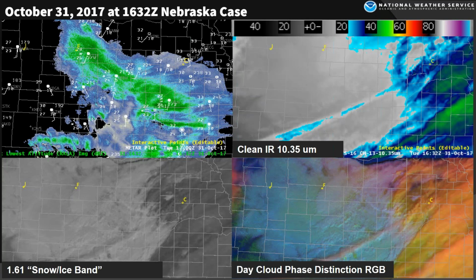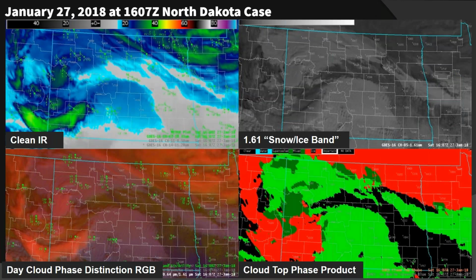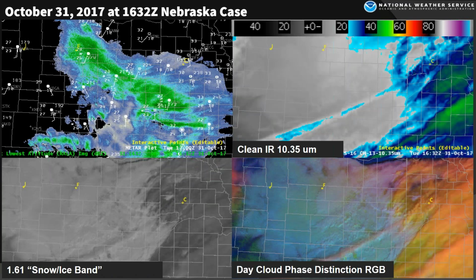So more likely nuisance versus plowable? Probably, yeah, for those first two at least, right? I had a professor who categorized snow as nuisance, plowable, and crippling, and I find that useful.